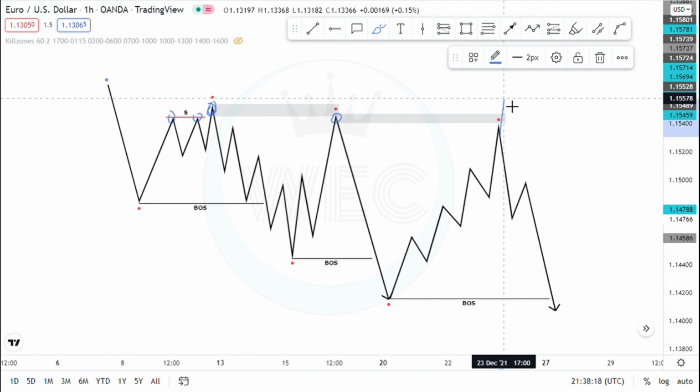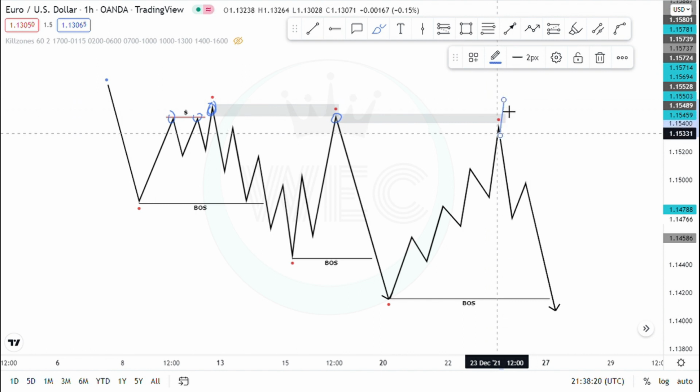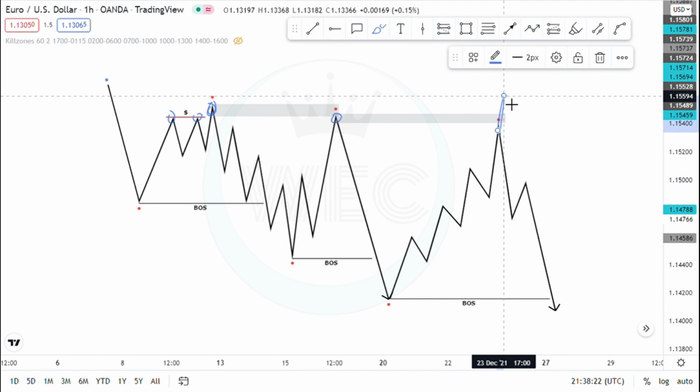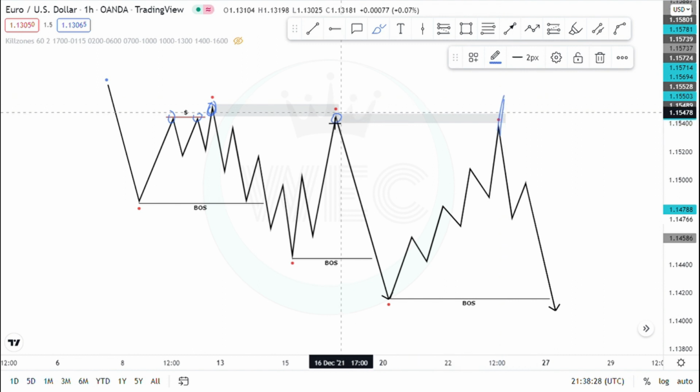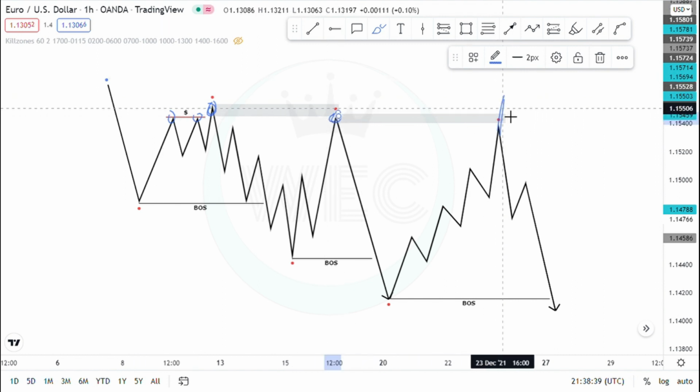The moment price breaks through this level, that is when we say that there has been a change in trend. It means that that protected liquidity has been breached. So that leads us to our third liquidity type, which is the target liquidity.